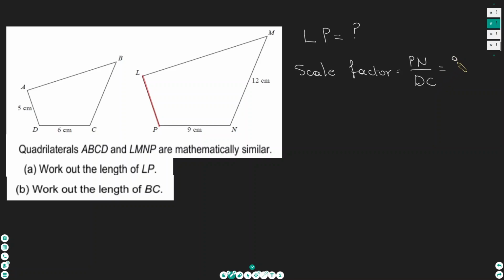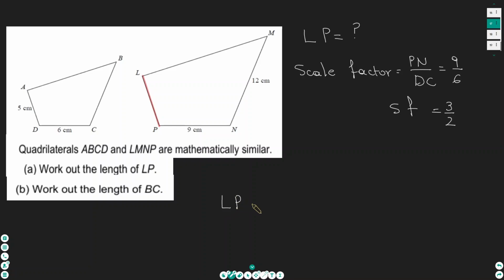This is 9/6, which is 3/2. And to find the LP, the side of the bigger quadrilateral, we need to multiply the side of the smaller quadrilateral, the AD.